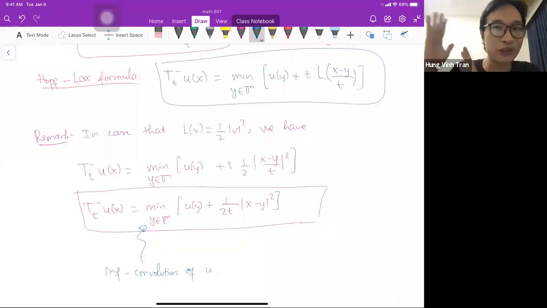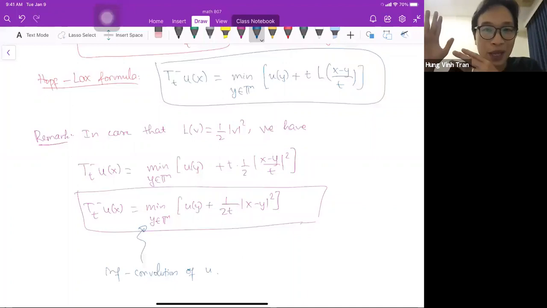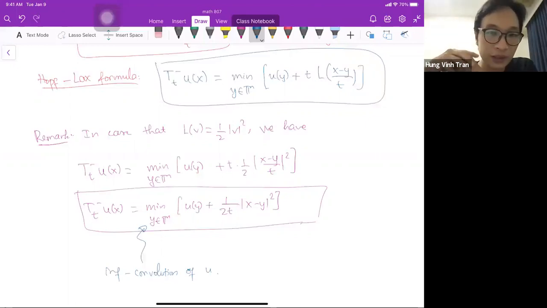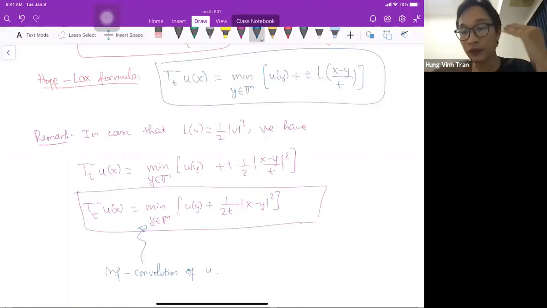You're essentially solving a PDE here, but you can just write out the formula. It's really interesting. You're taking the minimum of u together with a quadratic function. So suddenly, from a function that is only continuous, you get a function that is Lipschitz, and in fact, this function is even better.